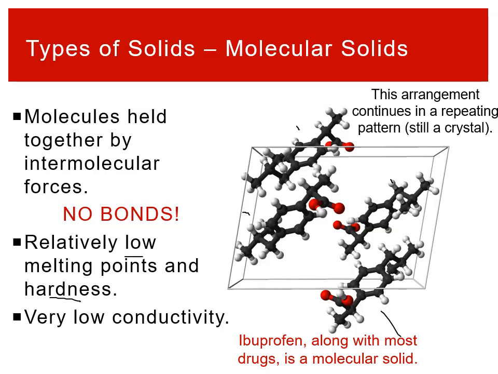It's still a crystal, with repeating patterns of molecules, arranged to have their intermolecular forces, in this case hydrogen bonds, where the molecules line up so that you can have hydrogen bonds between these particular atoms. And so they arrange like this. Most drugs, most foods, most things you interact with that are not ionic are molecular solids.